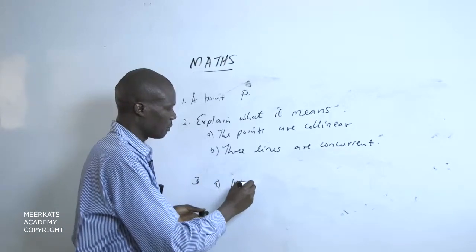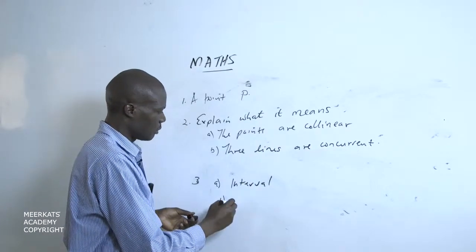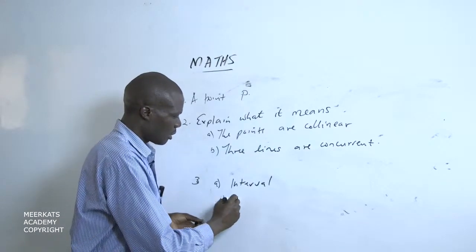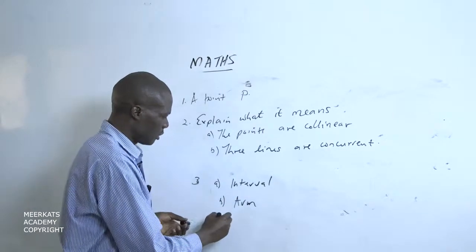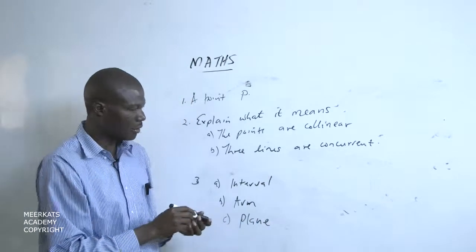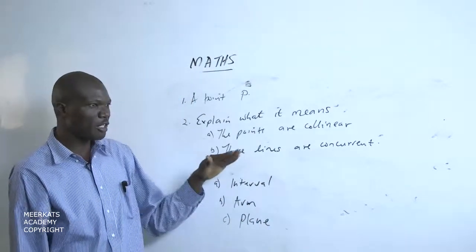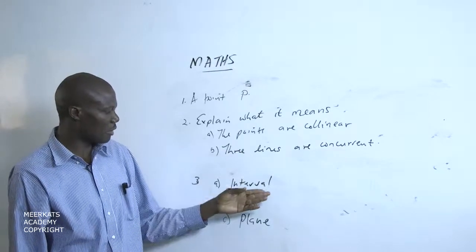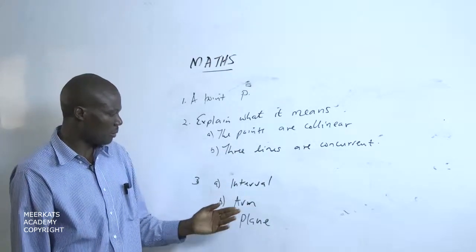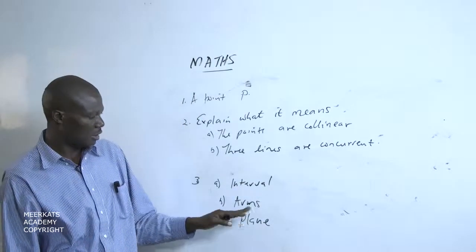Interval, arm, plane. So identify in the room which parts of the room can form an interval, arms, and a plane.